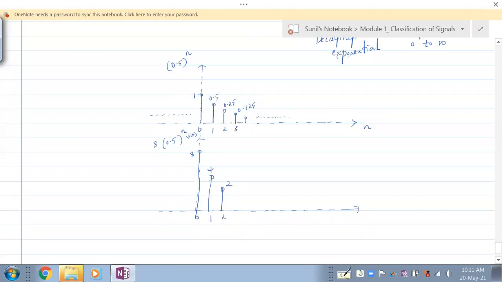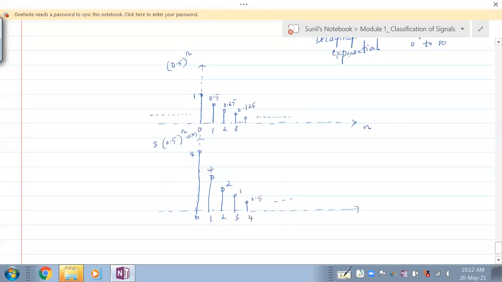Then 8 into 0.125 is 1 at 3. Then 0.5 at 4.